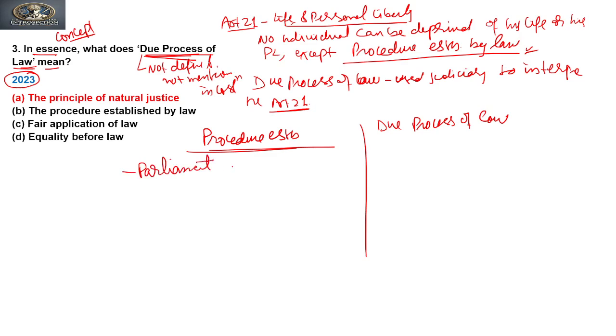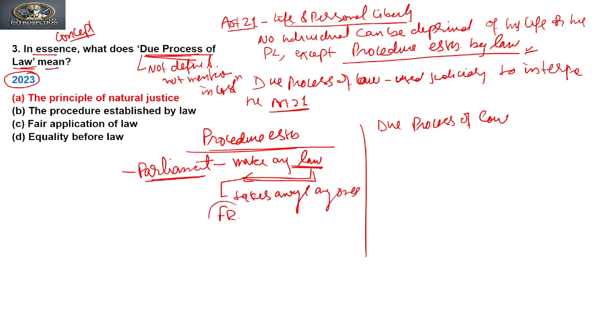Parliament has the power to legislate, and by using the power of legislation, the Parliament can make any law, and through this law it takes away anyone's fundamental rights, right?